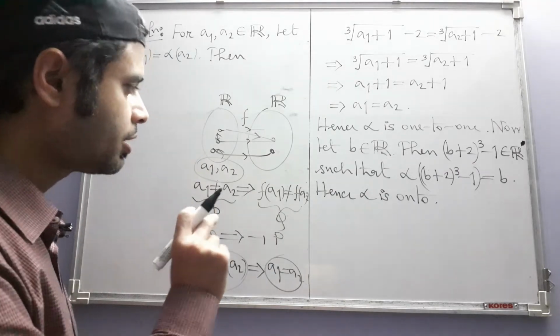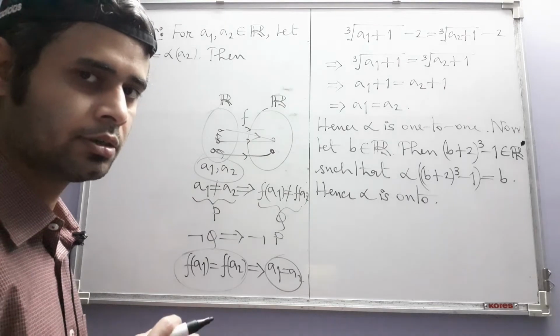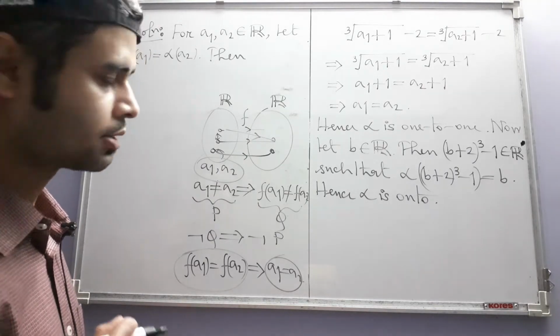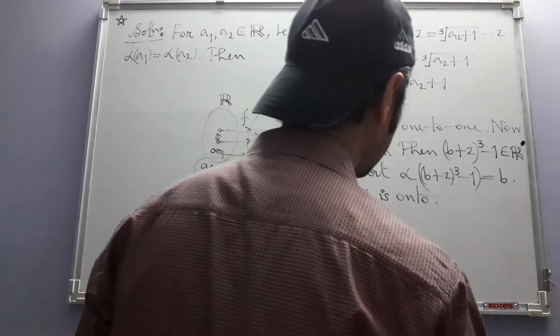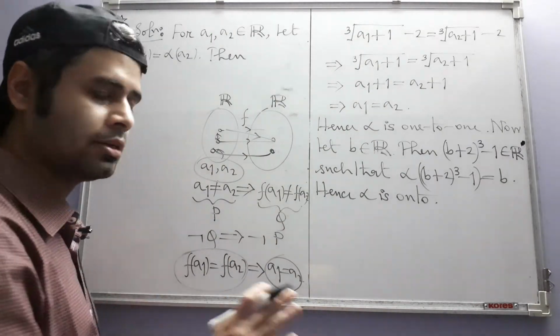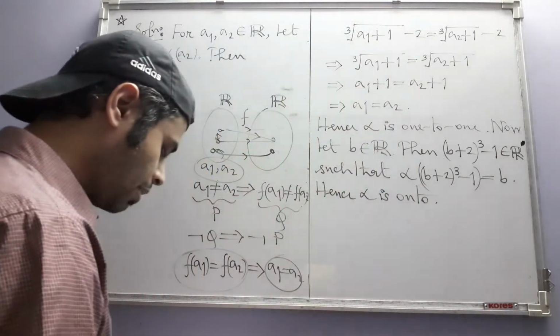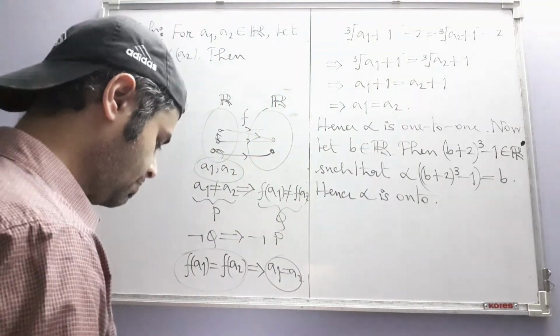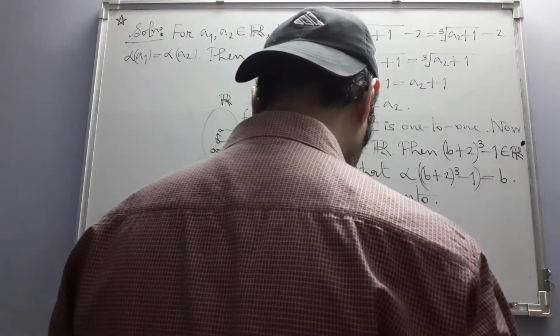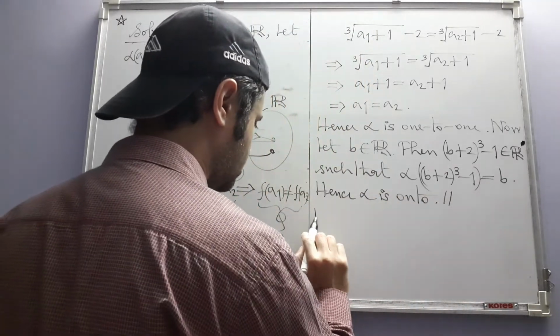So if you spot any mistake somewhere or any inconsistency or any confusion, please let me know in the comment section below. Otherwise some wrong solution may remain forever. So alpha is both 1 to 1 and onto. Okay, so here the solution ends.